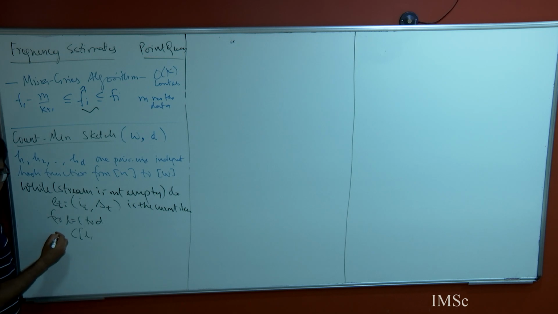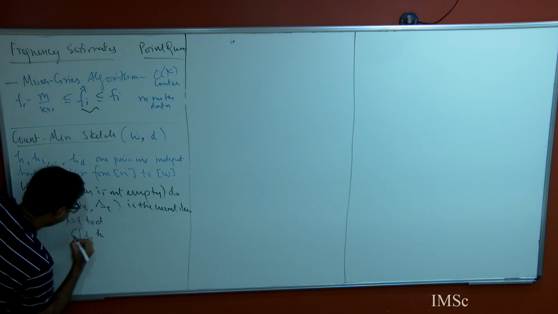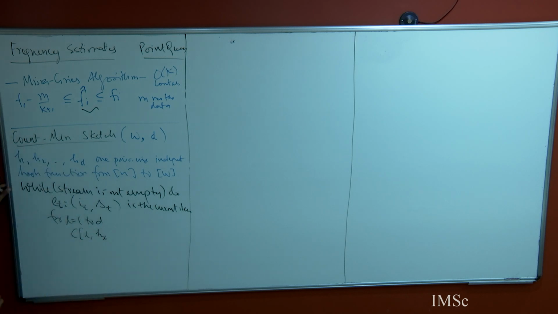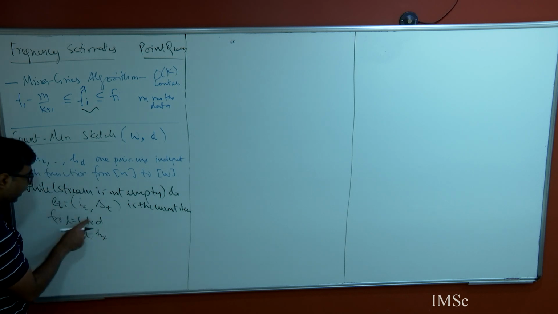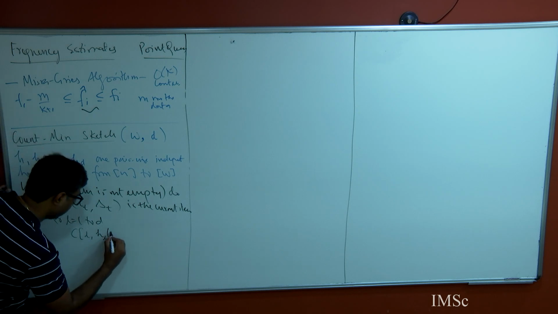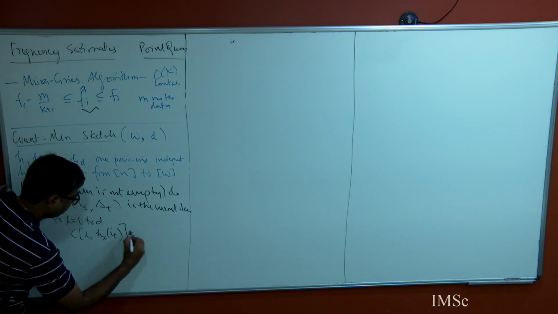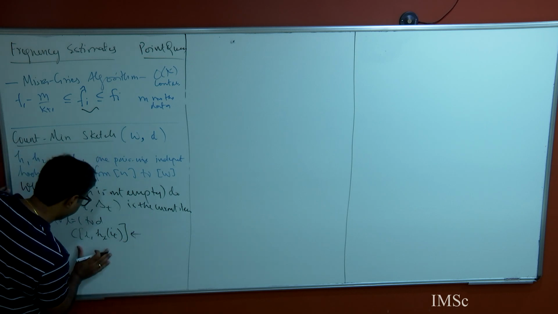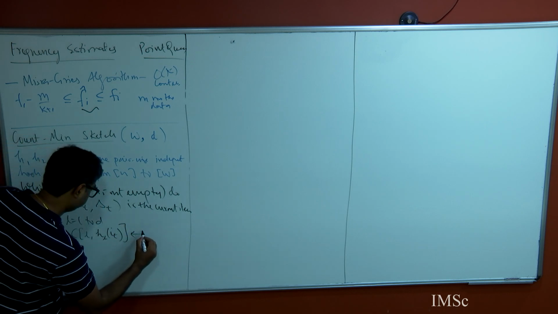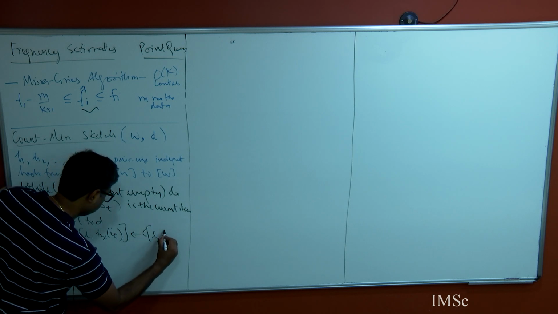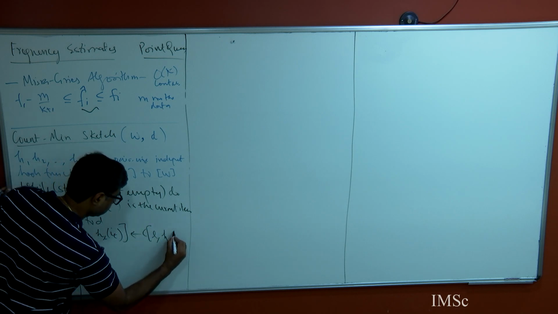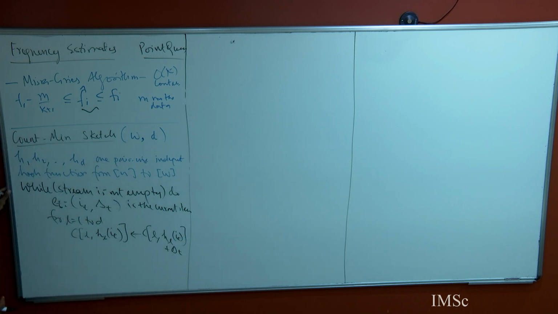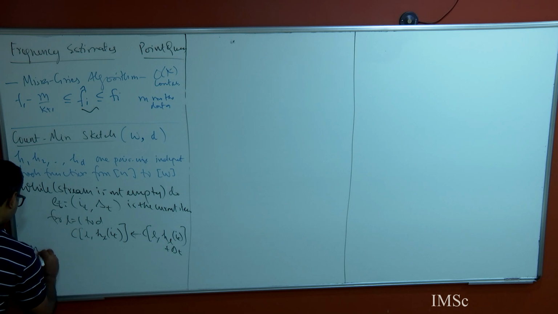We go to the Lth hash function, look at where IT maps to, and we just updated this counter by delta T. This is exactly what we did.